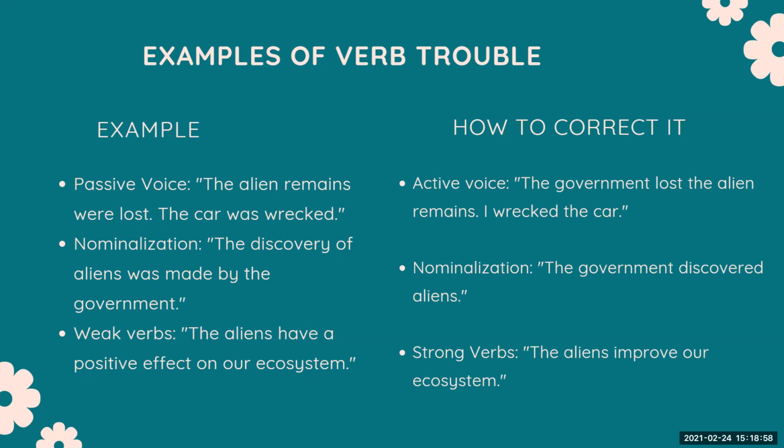So again, when you're using a to be or a have verb, it just creates something that's a little vague. So you just want to add in something that's more precise. What is the positive effect? You know, we can say the aliens improve our ecosystem. So now we have something that's just more precise, more straightforward, which just leads to cleaner writing.